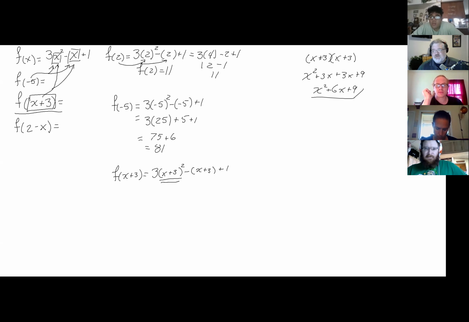We're going to be doing a lot with square binomials, with little perfect squares. So this pattern is going to be a really good one to make sure you're familiar with. Oftentimes, when we look at perfect squares, we want to do them quite a bit faster. The pattern here is that we end up with the square of the first term, and then this 6 is twice the product of the 3 and the x, so we get 3x, twice that is 6x.